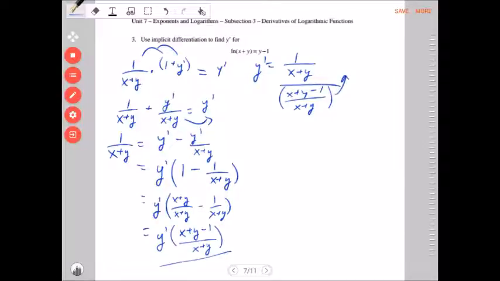Well, we flip and multiply. So times x plus y over x plus y minus 1. Oh, look, the x plus y's cancel, and your derivative then is 1 over x plus y minus 1.